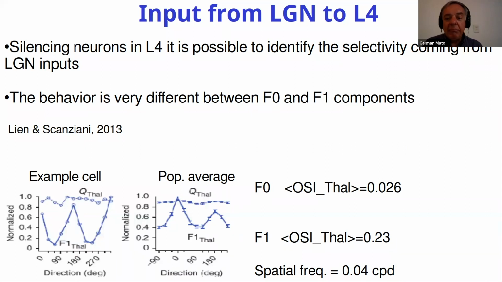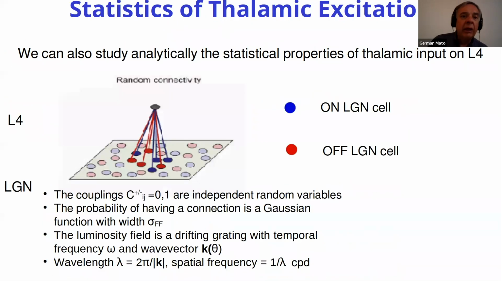So this is a non-trivial question. Why should it be that the time average component is so different from the time modulated component? So we decided to study this analytically. Let us remind a little bit the structure of the LGN to L4 system. We have couplings Cij that are 0,1 independent random variables.